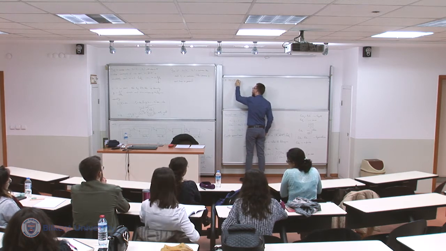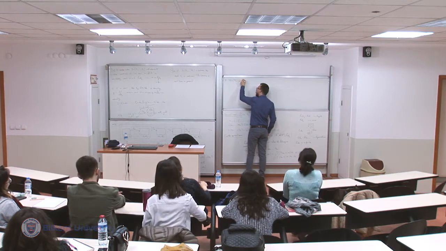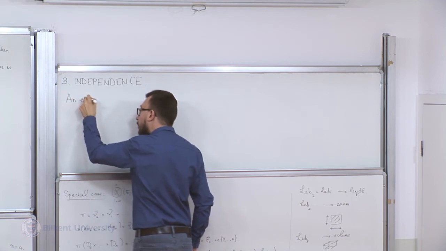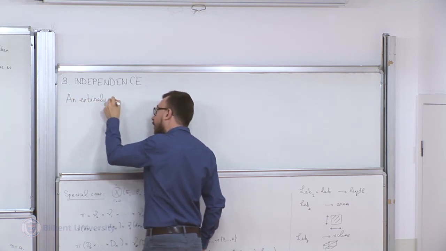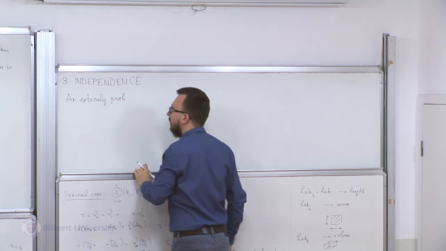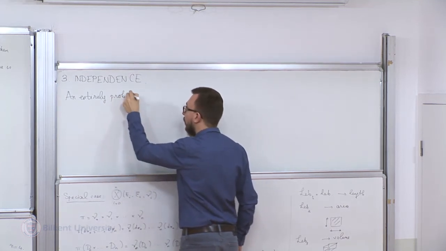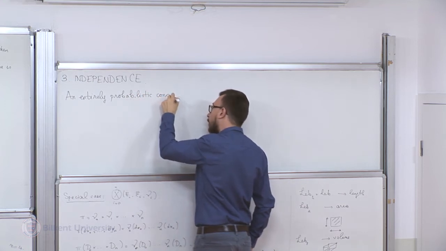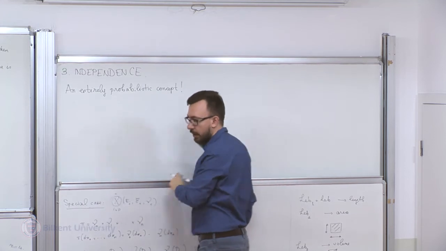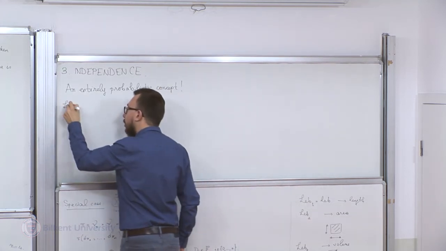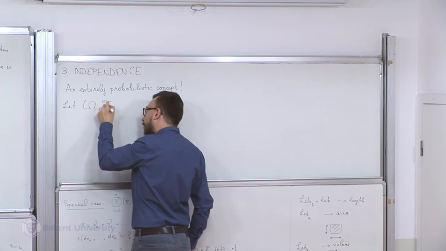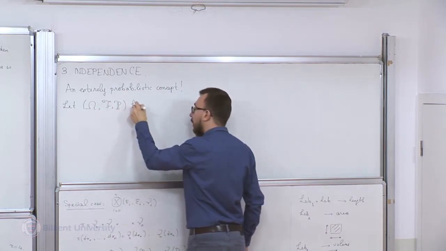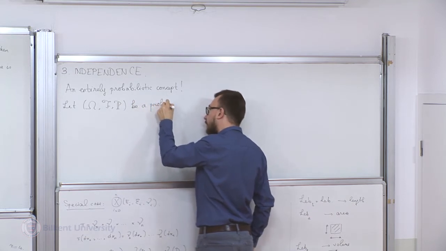independence. So it is an entirely probabilistic concept. It doesn't make too much sense in general measure theory. So we're going to work on a probability space, no abstract measure spaces anymore.